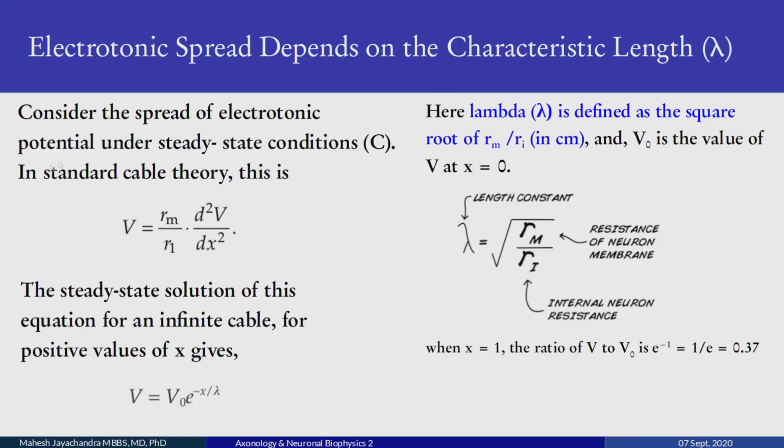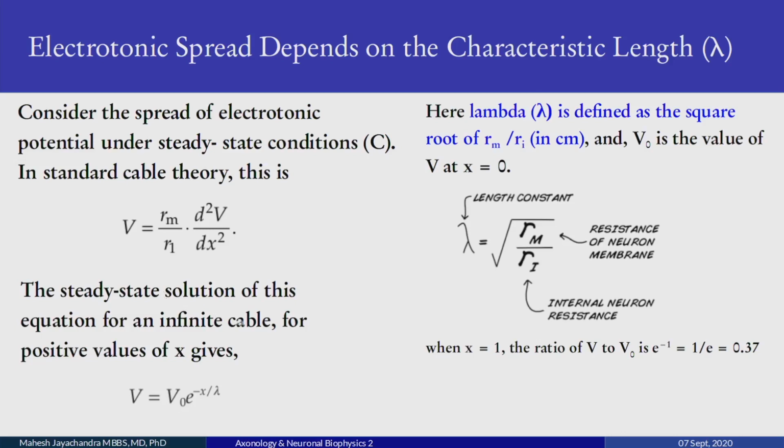In standard cable theory, this equation defines it, where V is the voltage, then you have a term for membrane resistance, and a term for internal resistance, and d squared V by dx squared is its spread over the length of the axon.